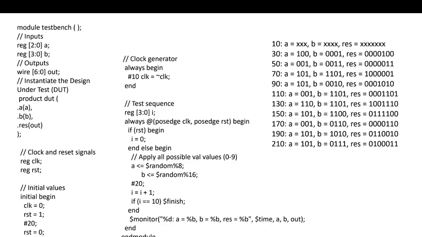And in the test bench, again we instantiate the module, initialize the clock, generate the clock, and here this A is a 3-bit value, so 0 to 7, that's percentage 8. Again, this is 0 to 15. And we are generating 10 such values with a delay of 20, and when I reaches 10, we will give $finish.